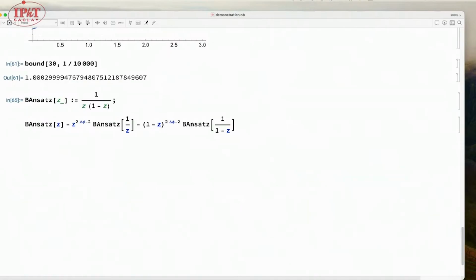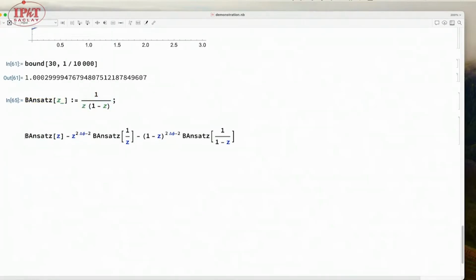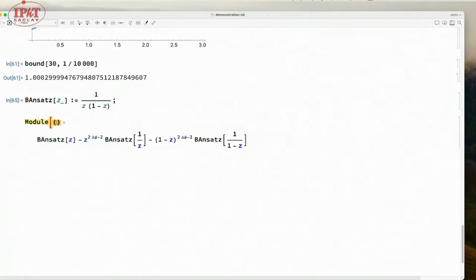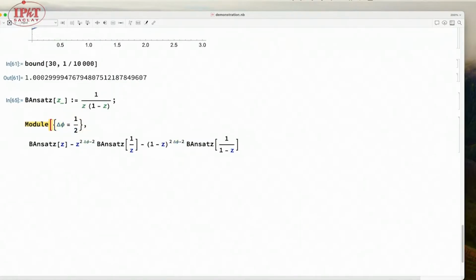This function is symmetric under z goes to 1 minus z. It needs to decay at least like 1 over z. So the simplest function that you can write down is this one. Well, let's see if it works. Whether it works depends on delta phi. So you see that for something like this to have a chance to work, delta phi should be half integer.